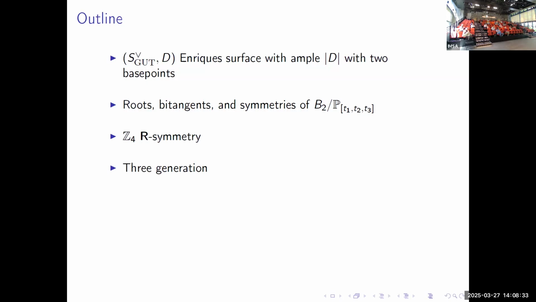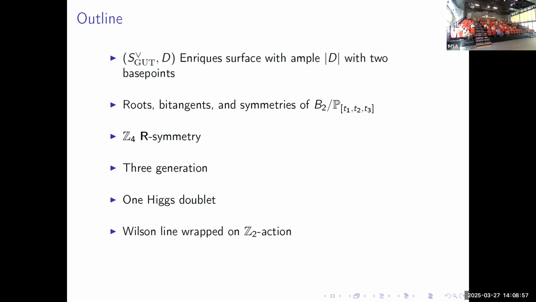We'll show that we have three generations, meaning three families of quarks and leptons. We'll show that we have one Higgs doublet. These are just statements about cohomology, as you'll see later on.